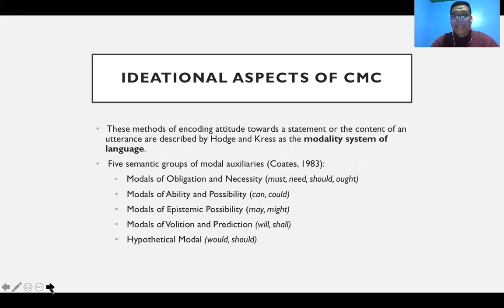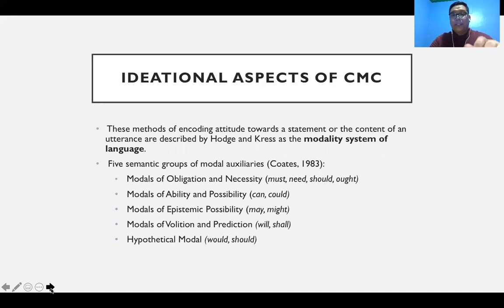The second group is composed of modals of ability and possibility. So there are only 2. We have can and could. We also have the modals of epistemic possibility, which include may and might. We have modals of volition and prediction, will and shall. And lastly, we have hypothetical modals such as would and should.